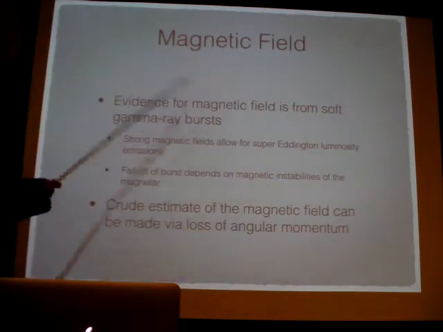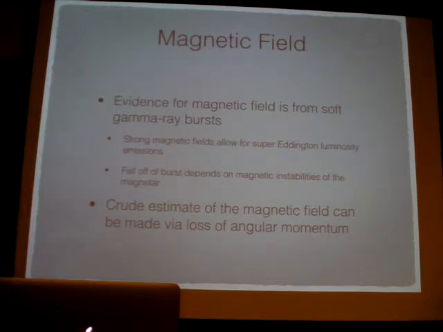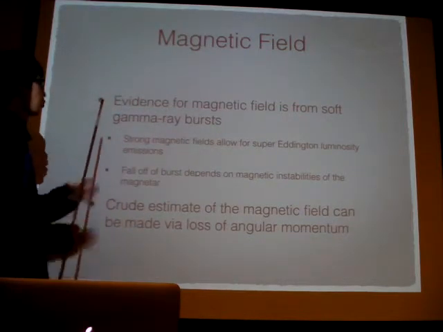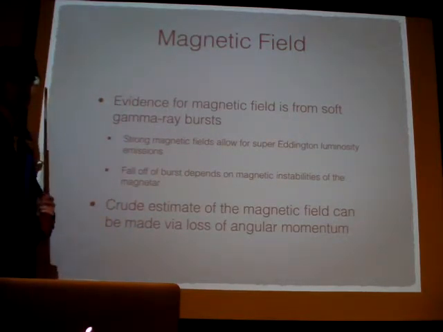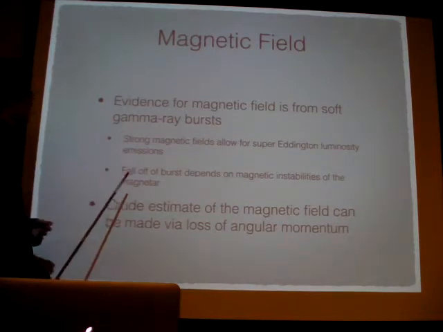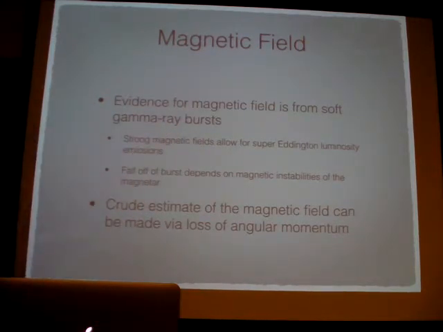And since the magnetic field is really important, I should tell you why we think the magnetic field is what it is. If you talk to pulsar or magnetar people, they'll give you a really complicated argument. They have numerical simulations for how these soft gamma ray bursts happen, and the time scale associated with them is associated with magnetic instabilities of the magnetar.